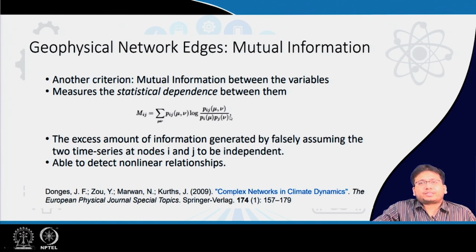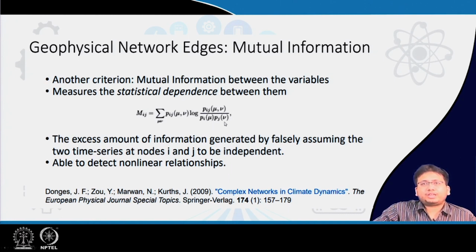Now we can consider these as random variables, that is, the observations at the two locations I and j, just like we have been saying earlier. We can see the relation between the joint distribution of mu and nu vis-a-vis the marginal distributions of mu and nu.